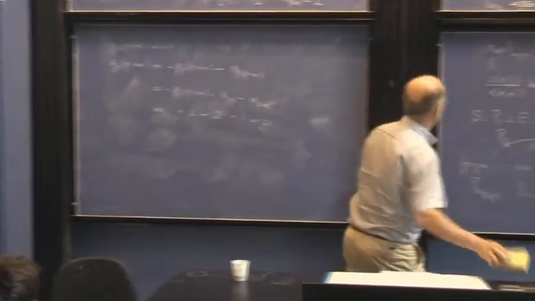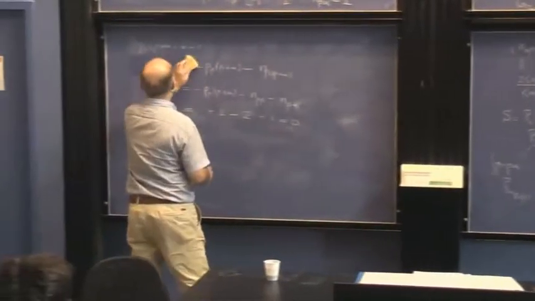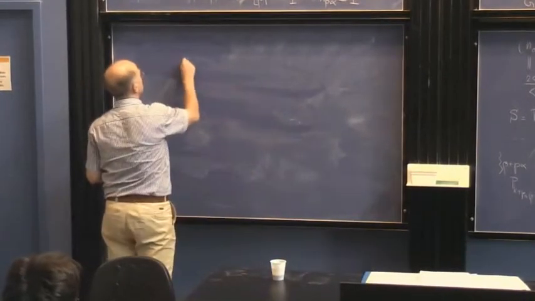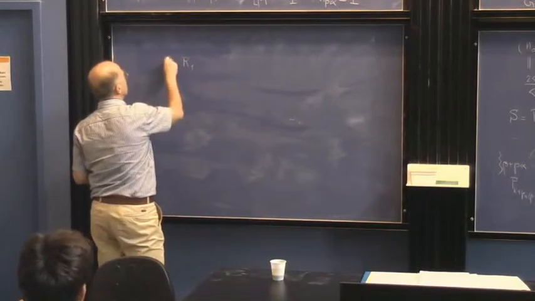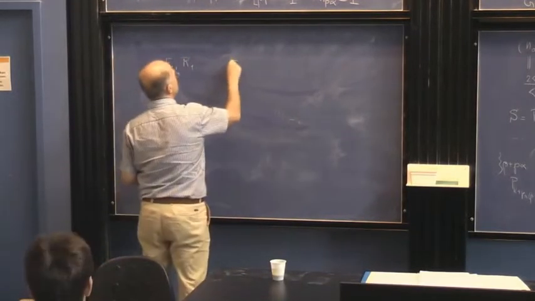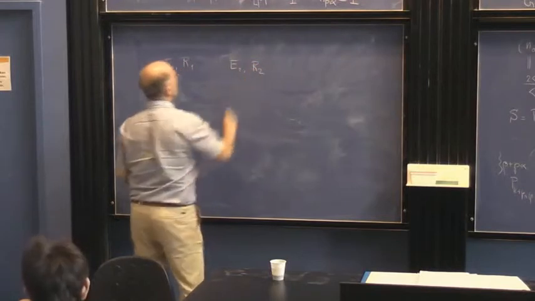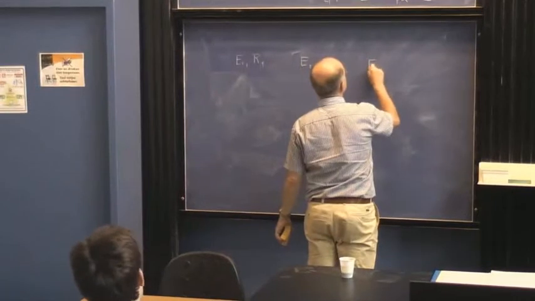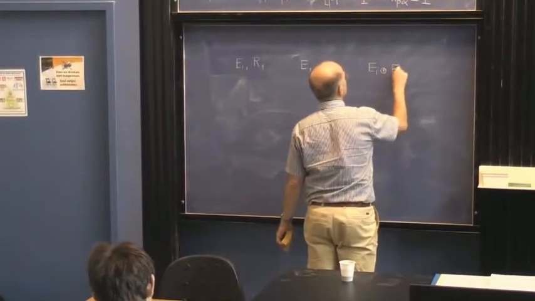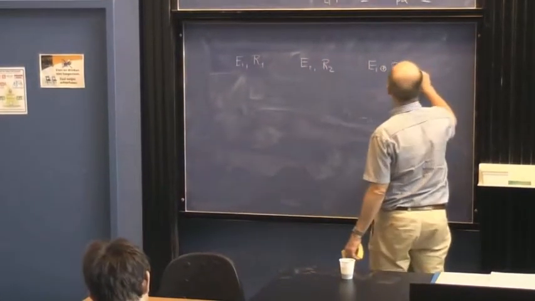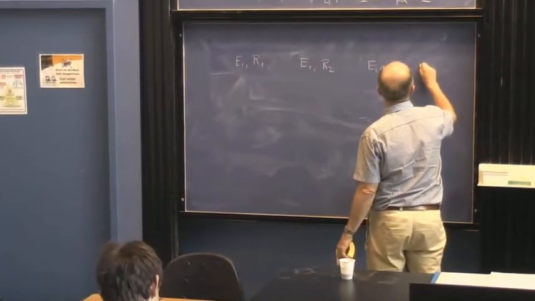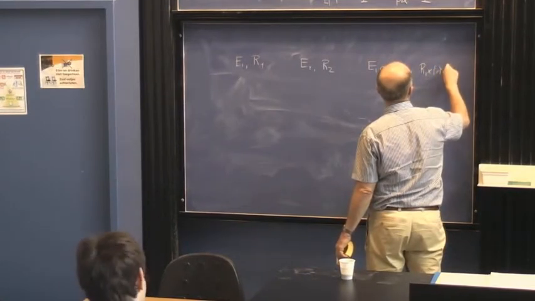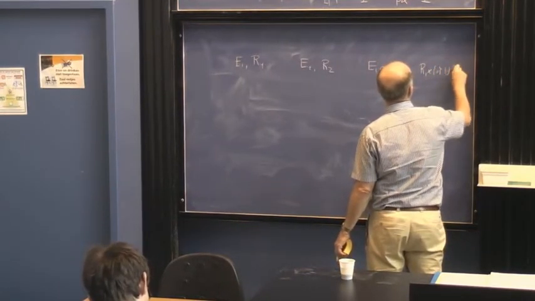Now, for instance, usually the notation is, suppose that you have a root system R1 with E1, and R2 with E2. Then what we can do is we can take E1 plus E2, and then take the union of the roots.